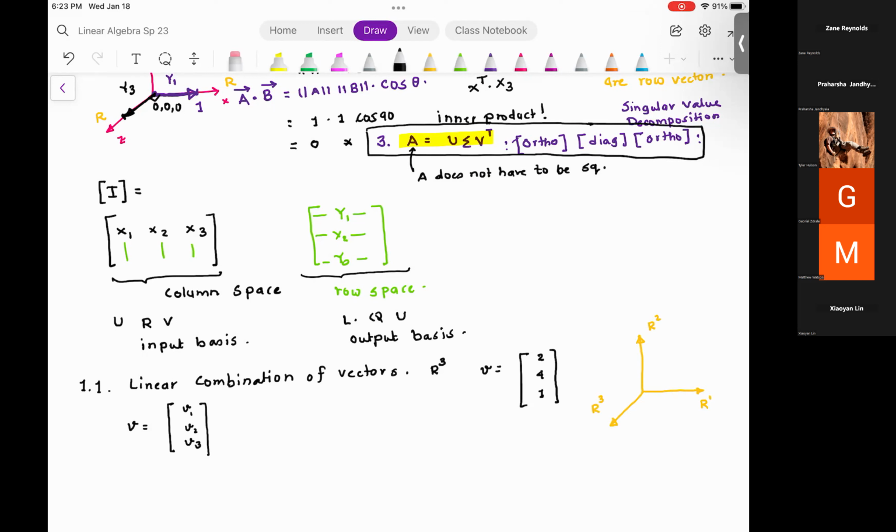So I can go in the X direction, which I'm going to call 2. I can go up in the Y direction, 4. So this is 2, this is 4, and I can go ahead here in 1.